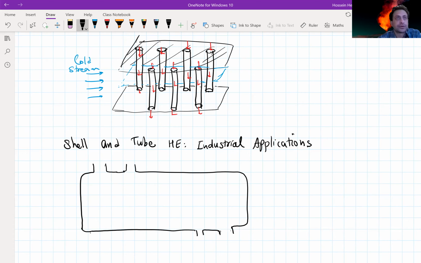And what we are going to see here is we have an arrangement of these pipes.